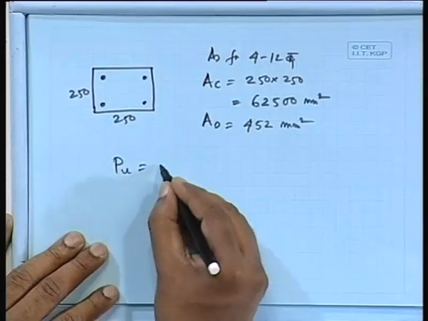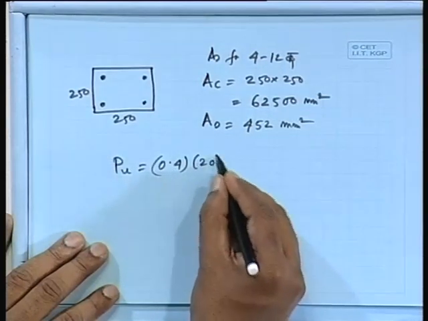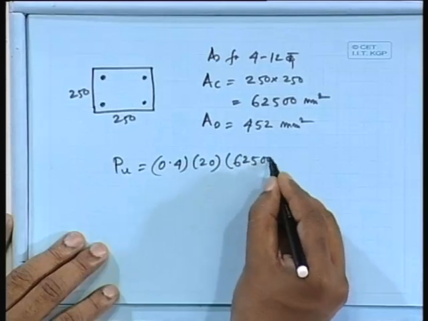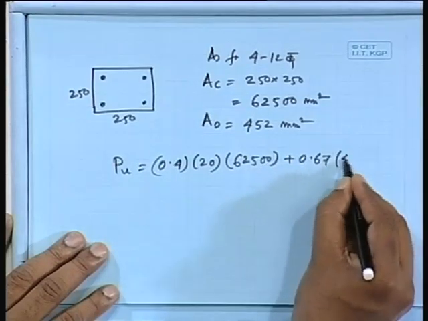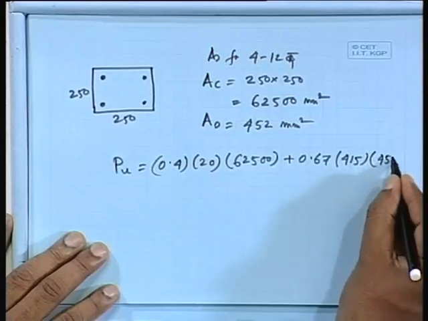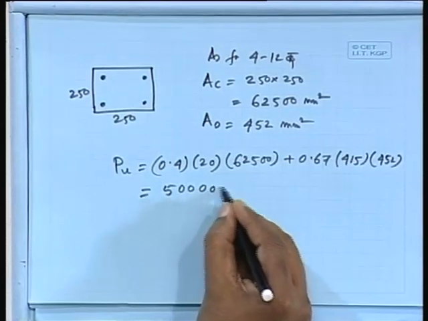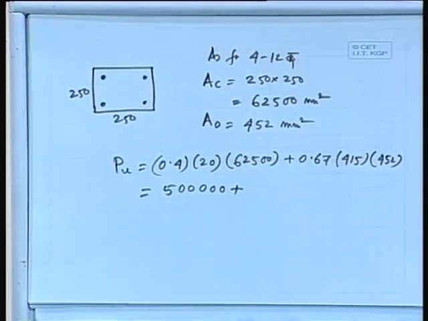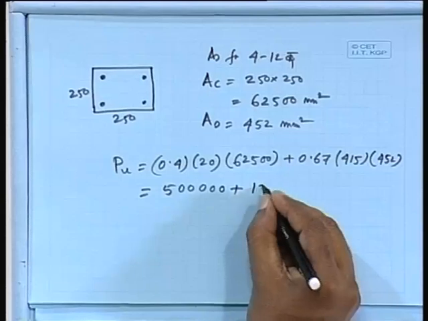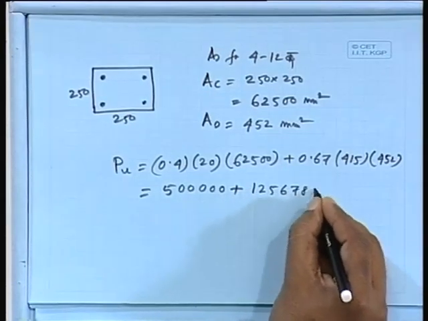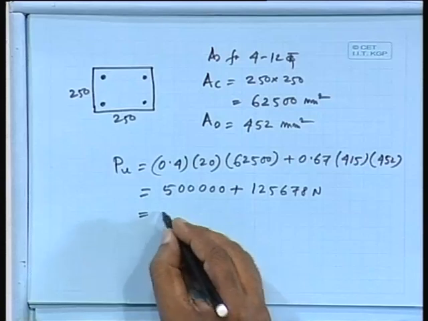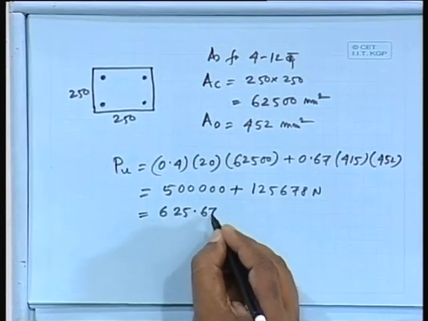So Pu equal to 0.4 times 20 for M20 grade of concrete times 62500 plus 0.67 times 415 times 452, which comes as 0.4 into 20 into 62500, and the other one 0.67 times 415 times 452, which comes as 125,678 say Newton, equals 625.678 kilonewton.